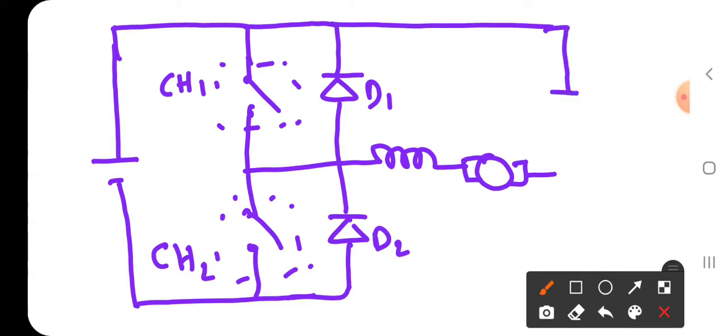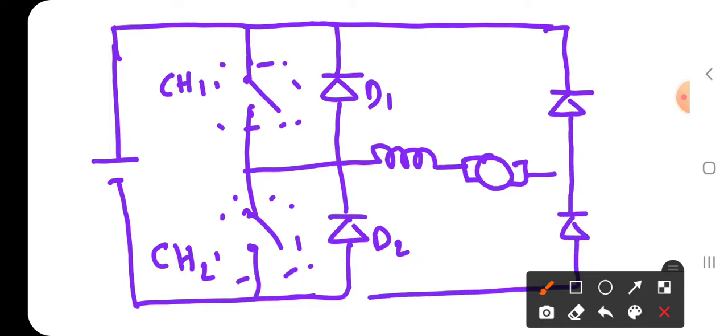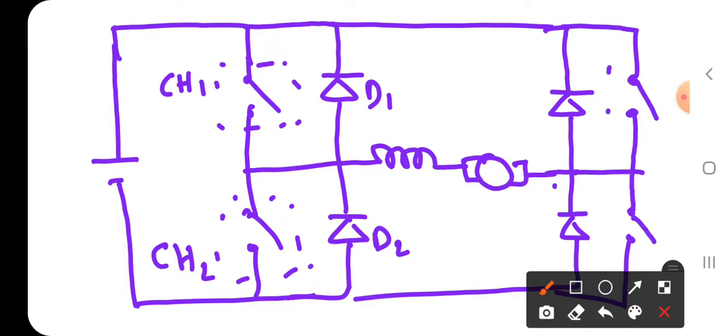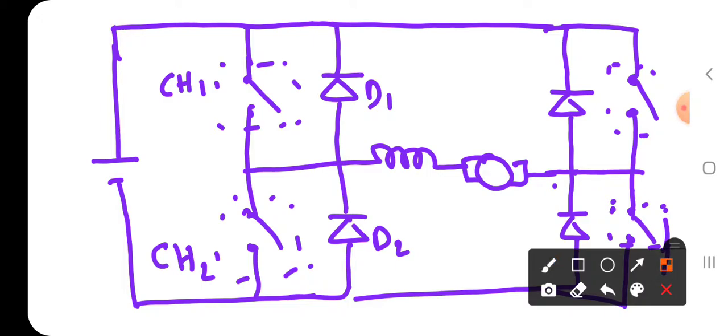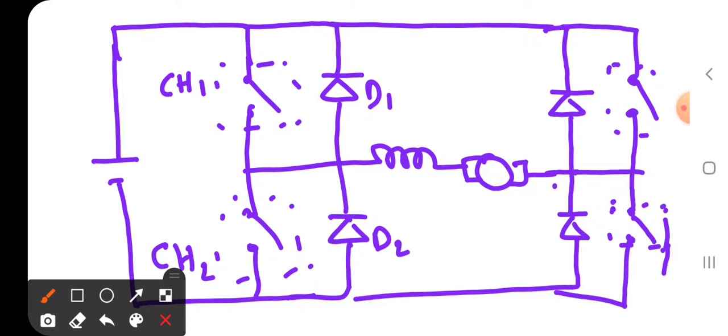Again two diodes, two choppers: D3, D4, CH3, CH4.